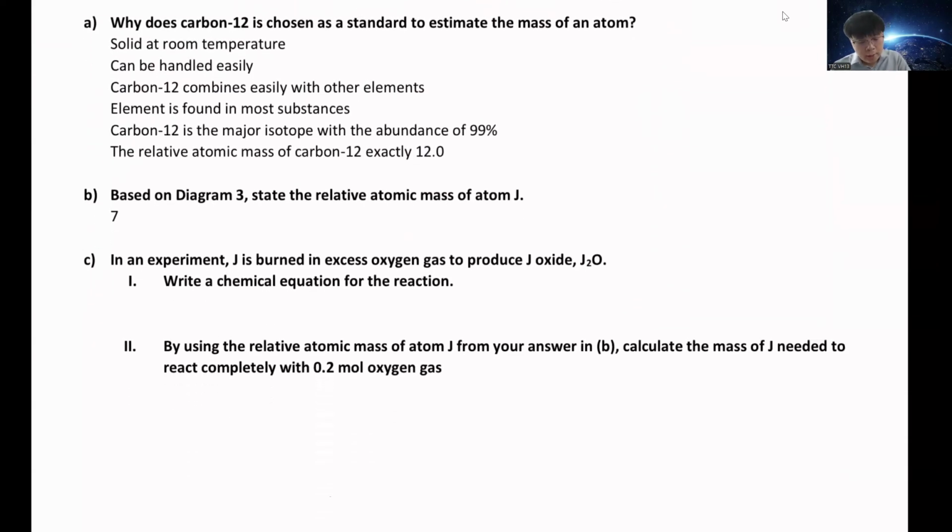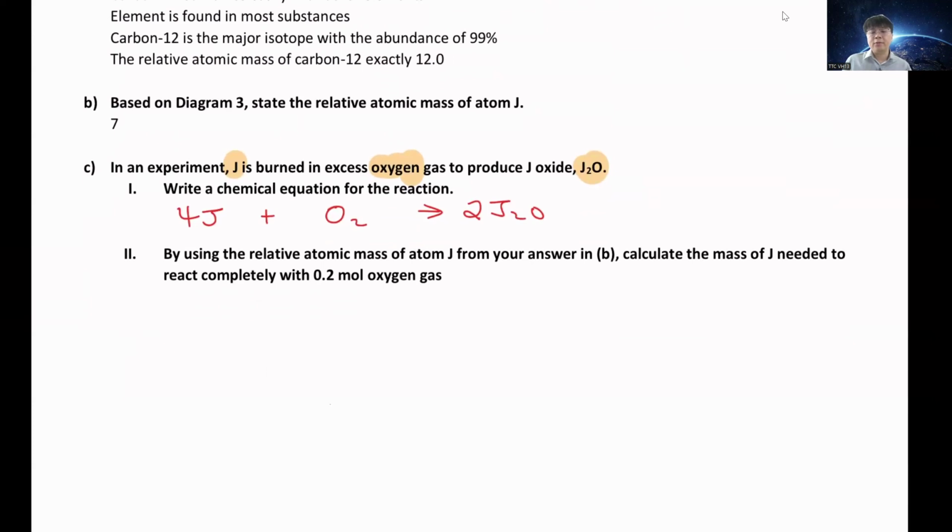That's J burned with oxygen to become J2O. So you see J burned with oxygen becomes J2O. So we balance the equation: 2O, 2O, then 4J. Okay, use the relative mass for part B, calculate the mass of J needed to produce 0.2 mole.